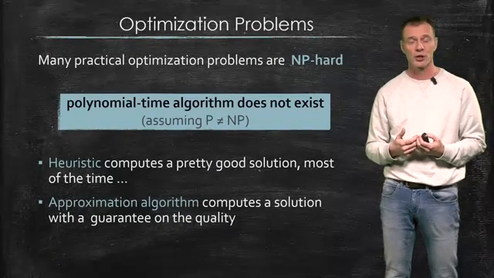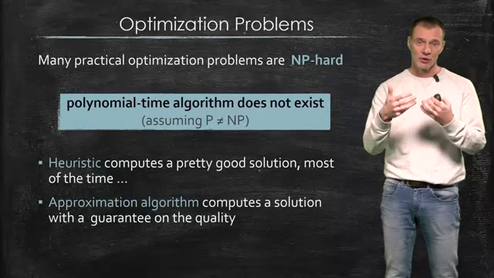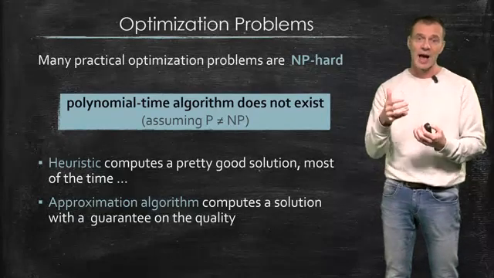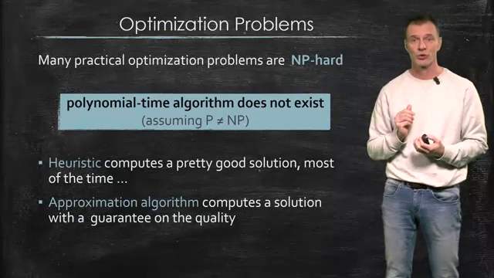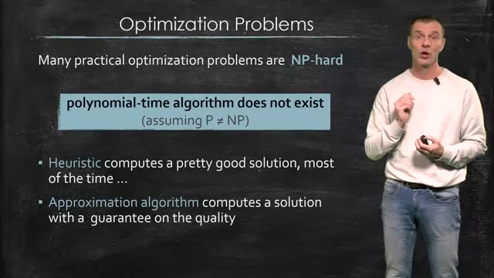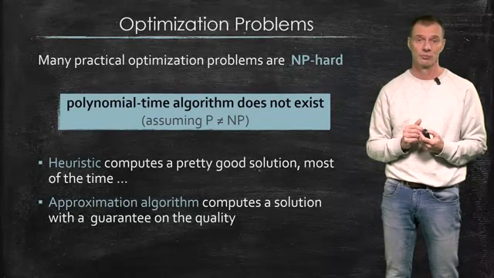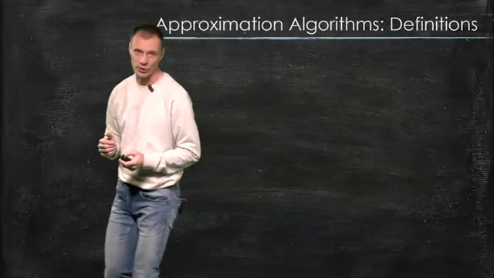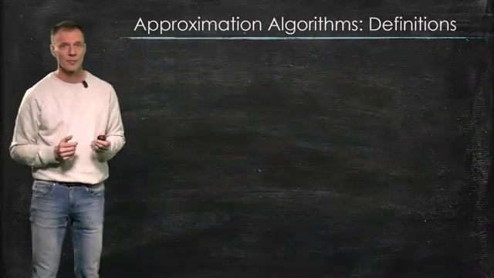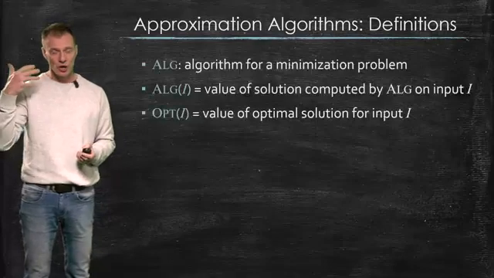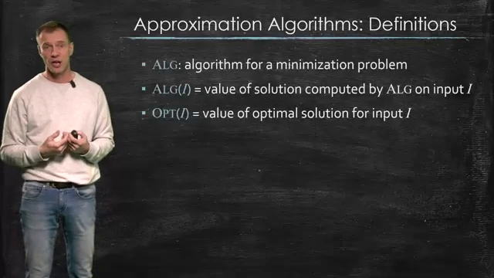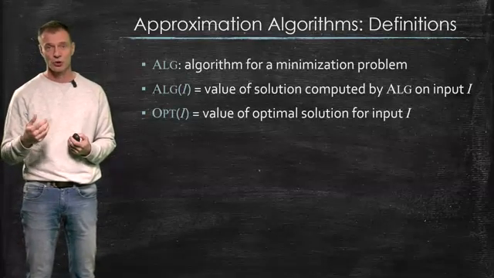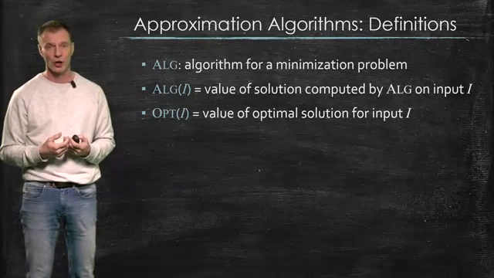So an approximation algorithm is an algorithm that comes with a guarantee how close the value of your solution is to the optimal value. Let's try to define this a little bit more formally. An algorithm, let's call it ALG, is an approximation algorithm if the following holds.